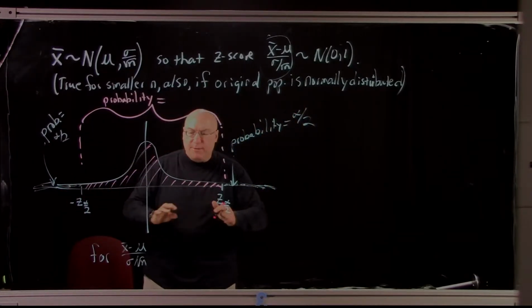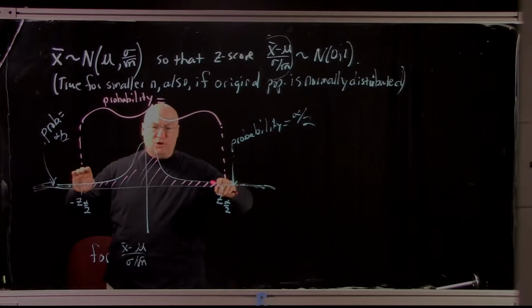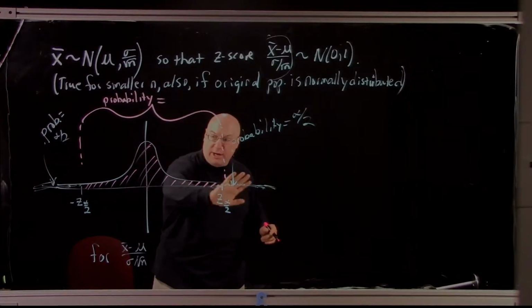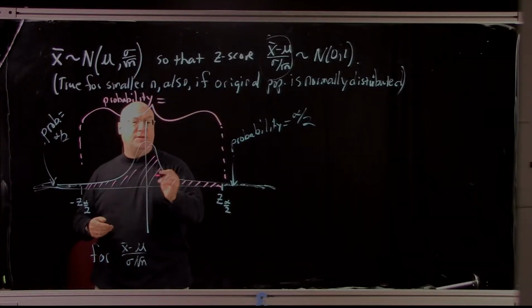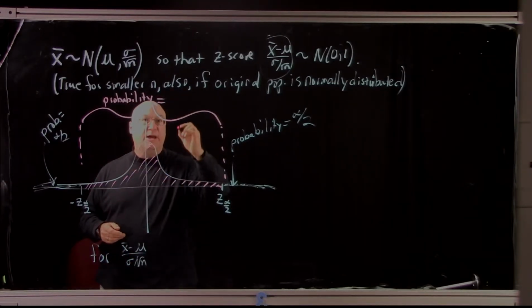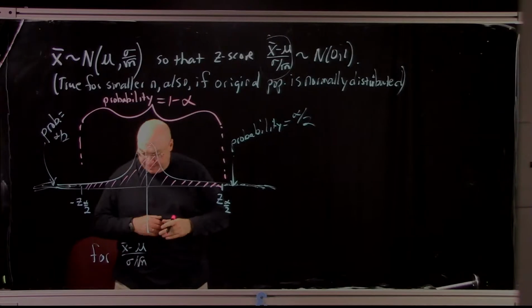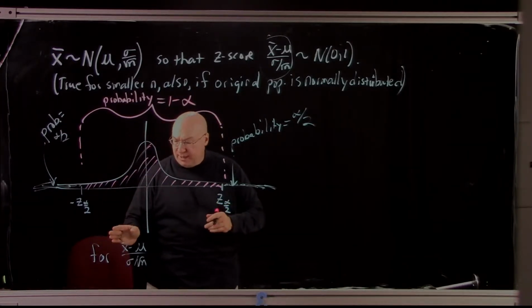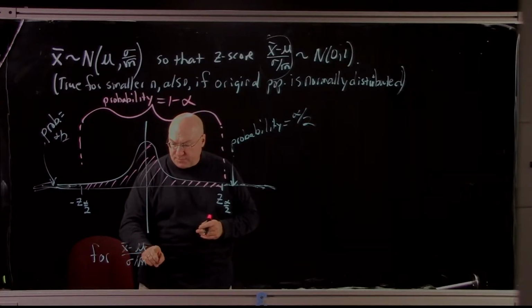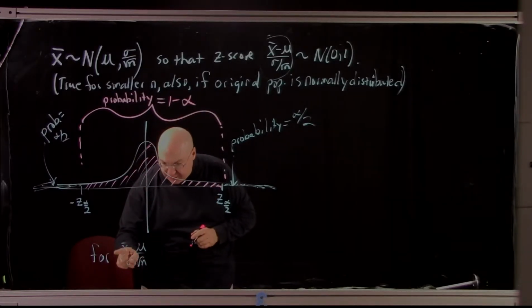So I put it together, both tails together have alpha, which means, remember, the whole area under the whole curve has to be 100%. So this probability here, this area that I've shaded pink, must be 1 minus alpha, correct? So that's what I have for the z-score here of x bar.